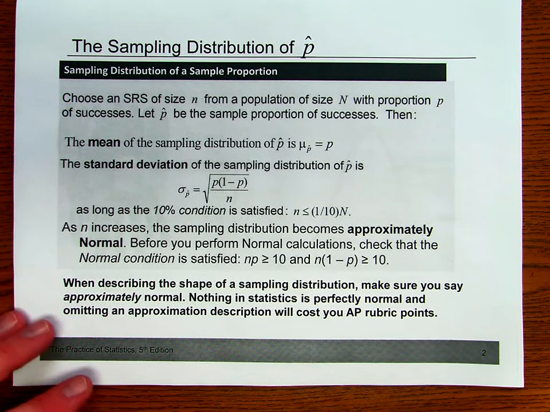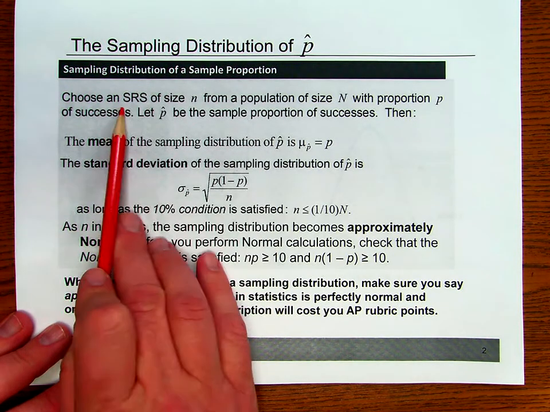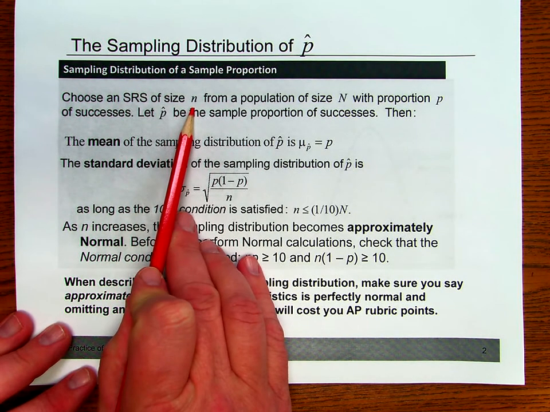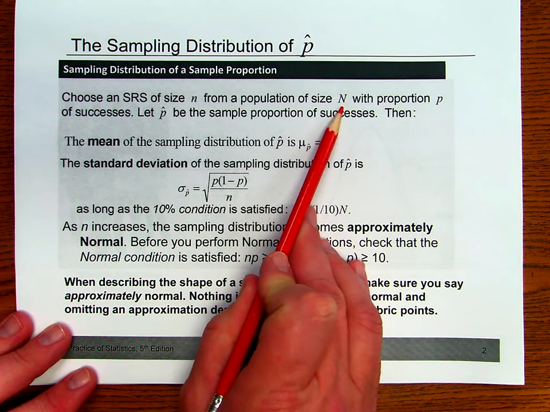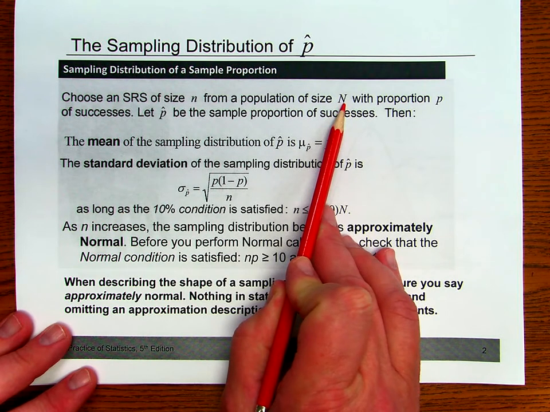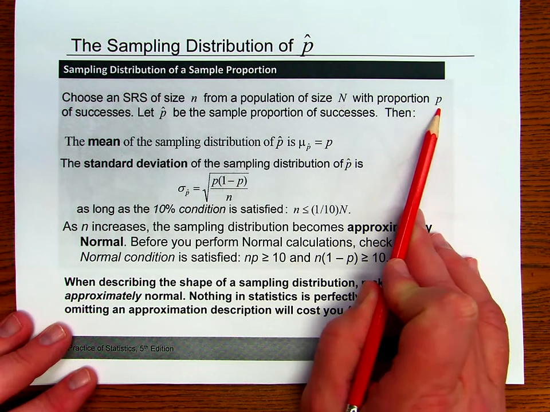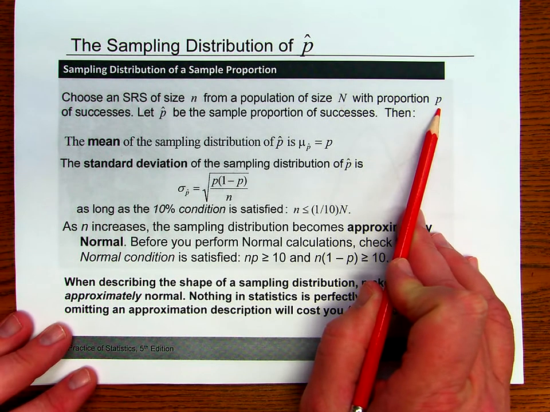All right, more details about the sampling distribution of p hat. Choose a simple random sample of size n from a population of size big N. So little n represents sample size, big N represents population size, with proportion p of successes. So p, remember, is a population proportion.